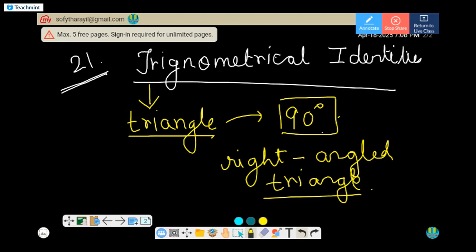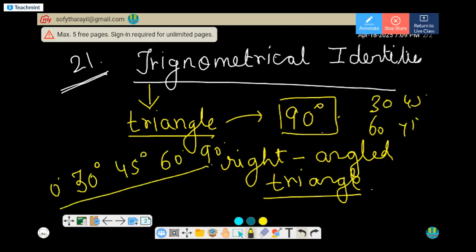But for your 10 syllabus, you just do very limited degrees, which is 30, 45, 60, 90, and then you also have 0 degrees. So these are very listed out. You do not do anything in between them. You can have other numbers also in combination, but you're not picking up that. You're only doing these values.